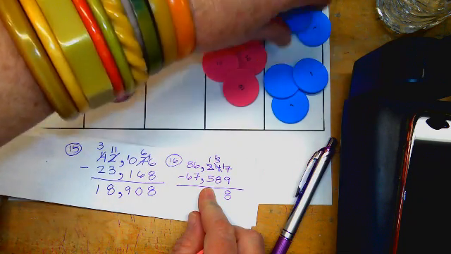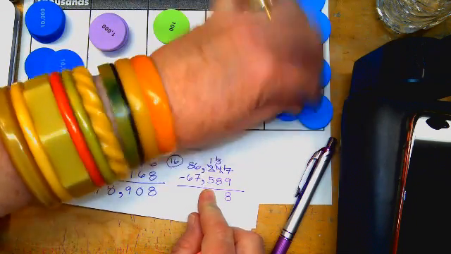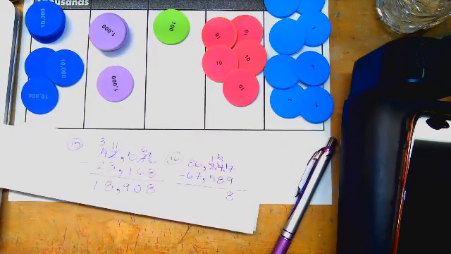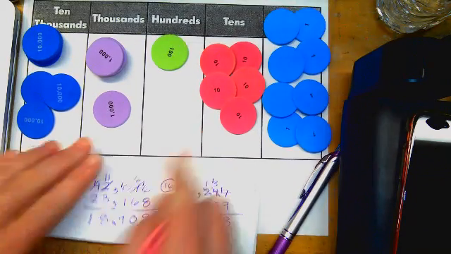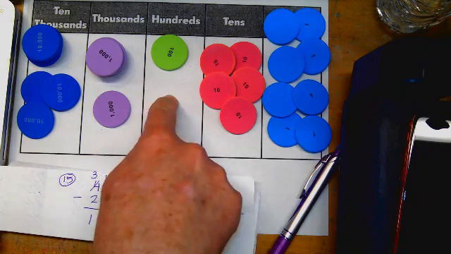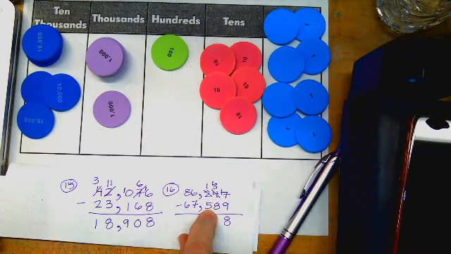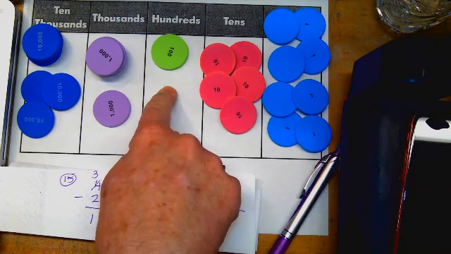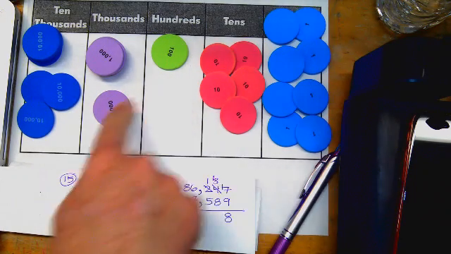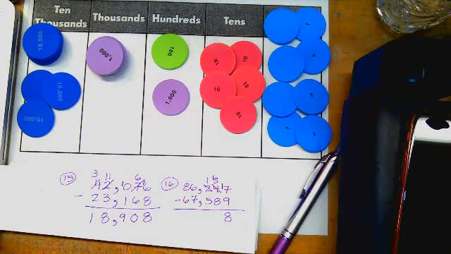And what do I have left? 1, 2, 3, 4, 5, and 8 more, 5, 6, 7, 8. I'm going to spread them out so you can see them a little better. Now I've got to subtract 5 hundreds, and I only have 1.